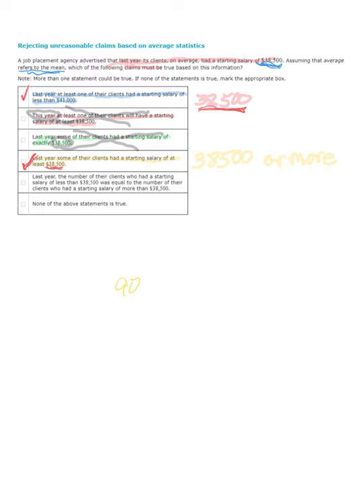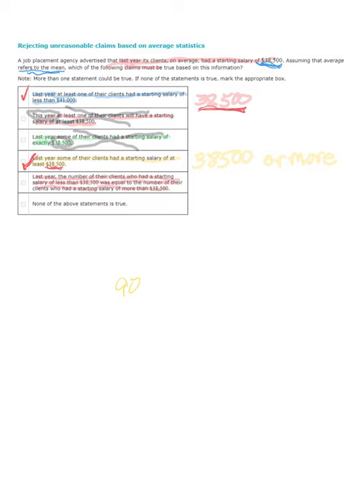It says last year the number of their clients who had a starting salary less than 38.5 was equal to the number of their clients who had a starting salary more than 38.5. So they're saying you have an equal number of clients with less than 38.5 and greater than 38.5, since 38.5 is the average.